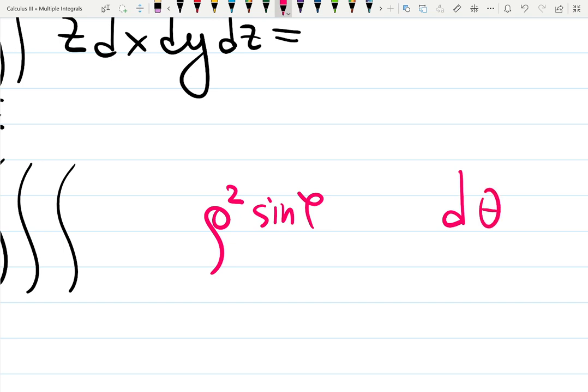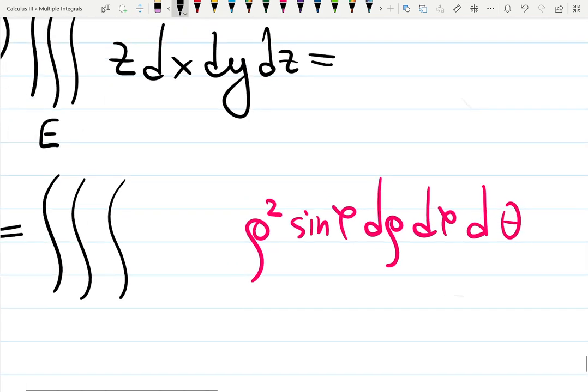The 2 angles always go together. Radius usually goes first. So this is part of the formula: rho squared sine phi, theta at the end, next angle, radius.